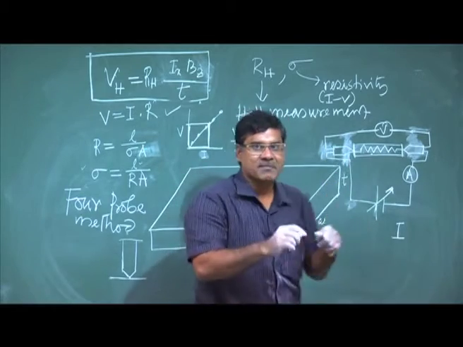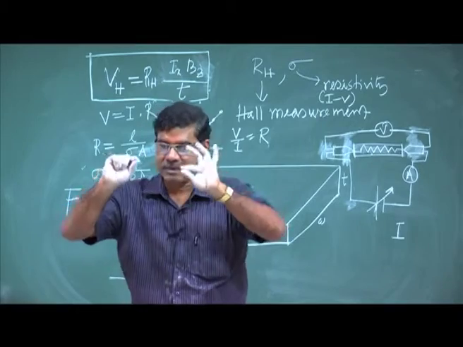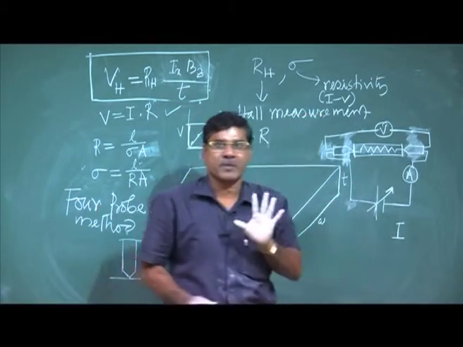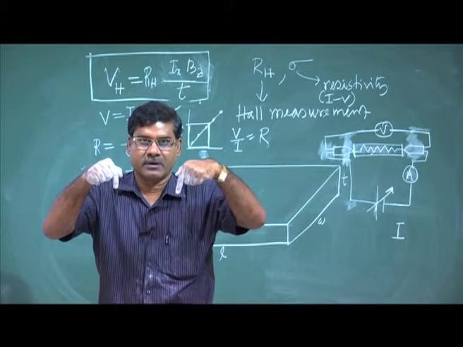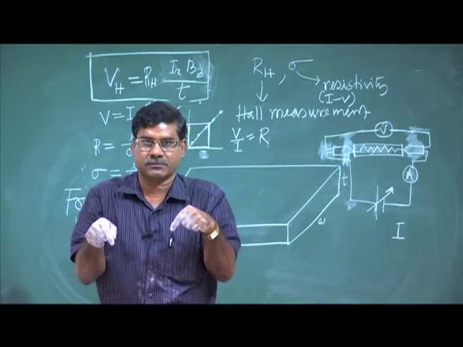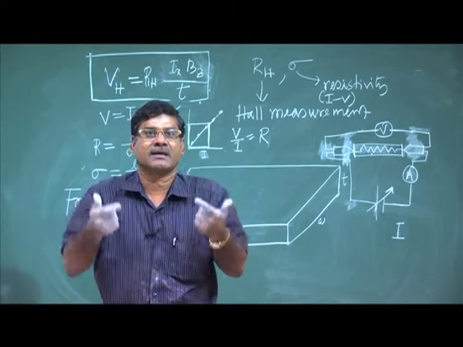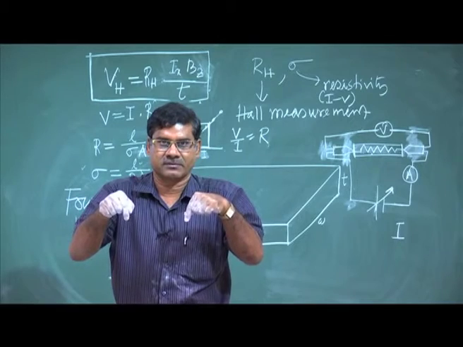So I am not disturbing my sample except these just 2 contacts. This is basically called the 2 probe method. The 2 probes are used for supplying current to the sample, and also for measuring the voltage drop across the sample, right.